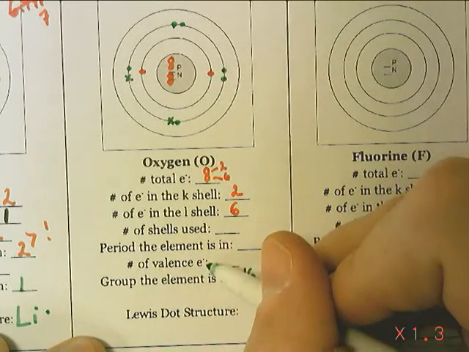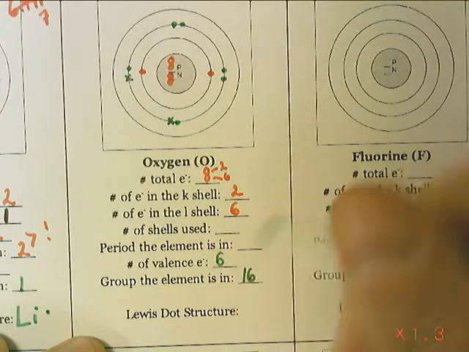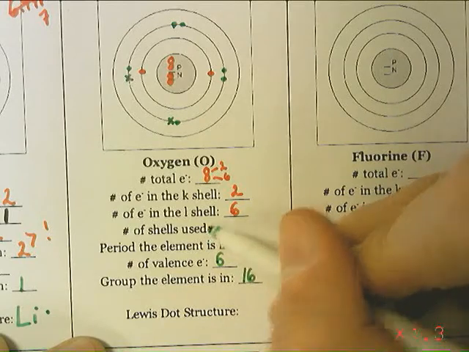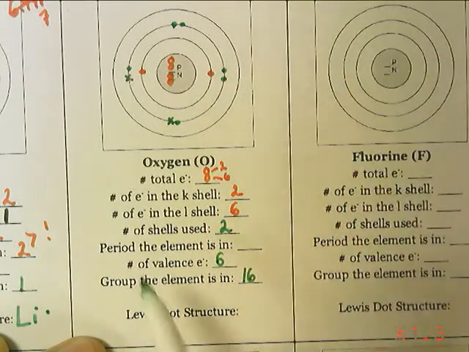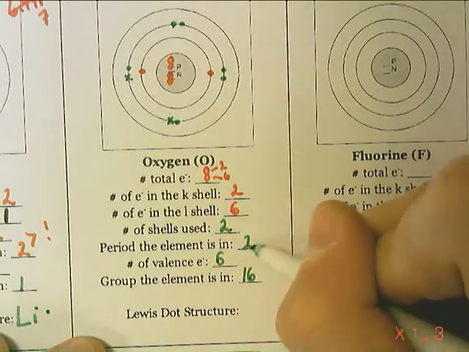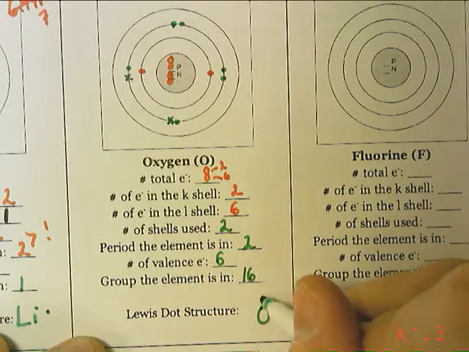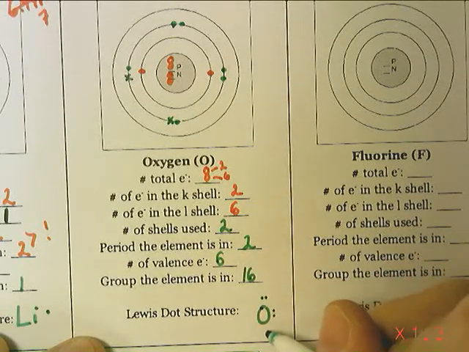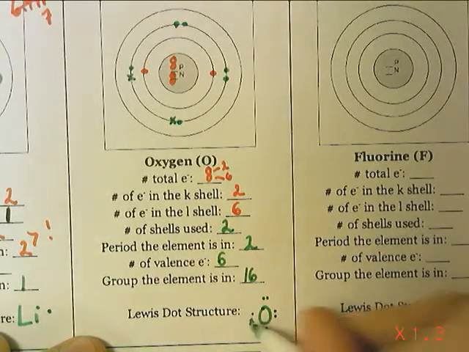The number of valence electrons that oxygen has is 6. The number of shells that we used is 2. Going out of order here, sorry. And the period the element is in is also 2. Here's the dot structure for oxygen. 1, 2, 3, 4, 5, 6 valence electrons, and we'll put in our X's.